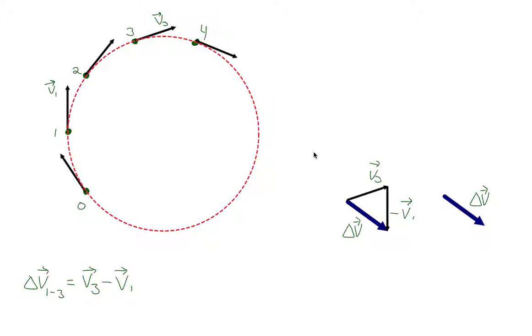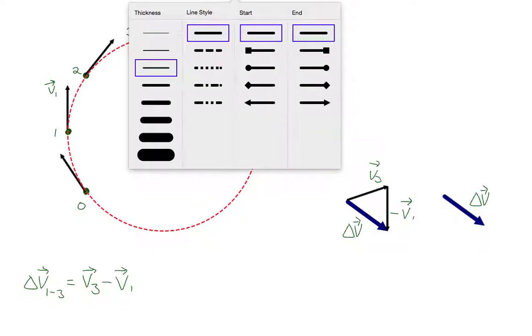Here is a novel motion, one that we have not yet studied. It's the motion of an object traveling along a circle. And in this case, these velocities are instantaneous velocities as the object travels around the circle and does so at a constant speed.